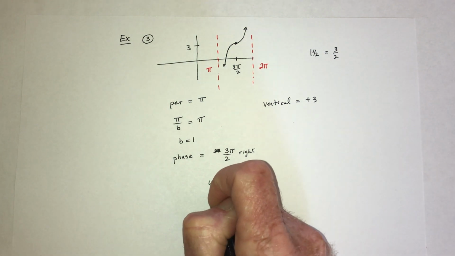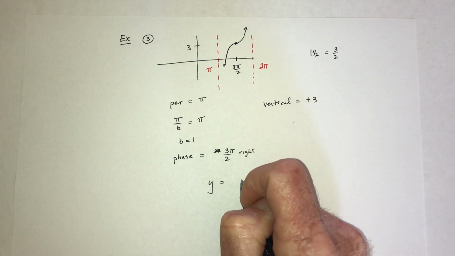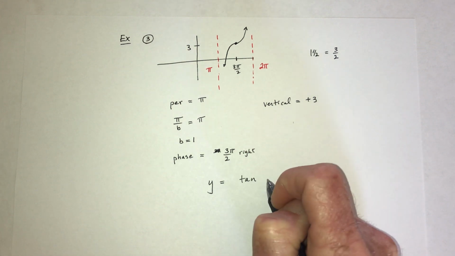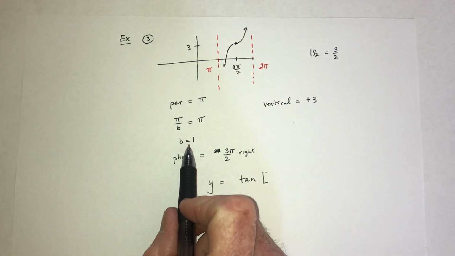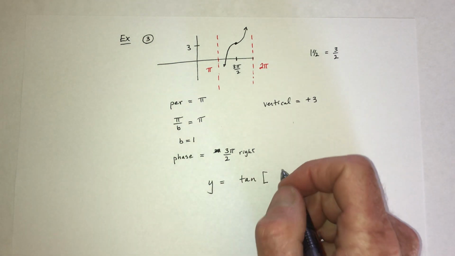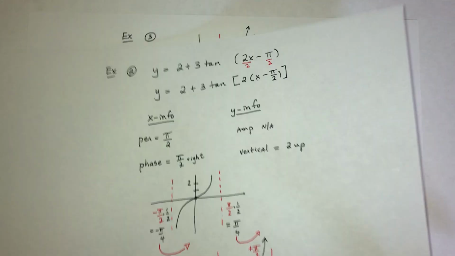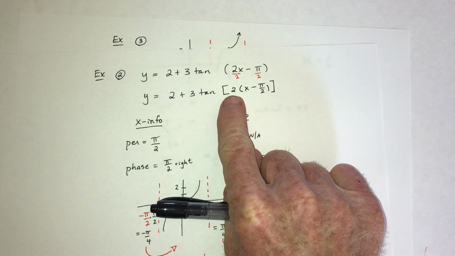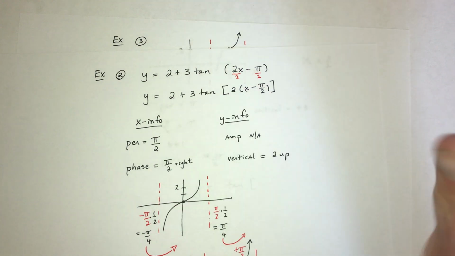So the function is going to be y equals, so it is the tangent function, and then this is going to have to be what got factored out, sort of like I'm basically doing this right here, trying to figure out what's in front of the x.